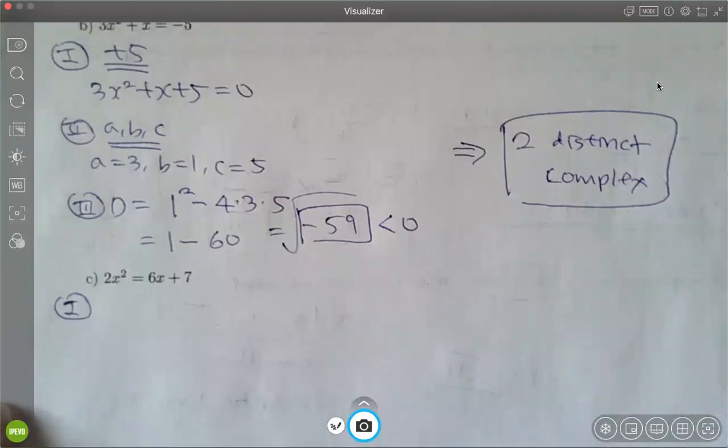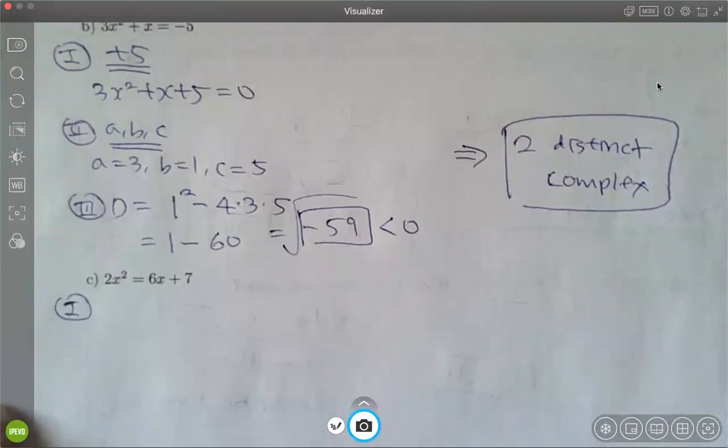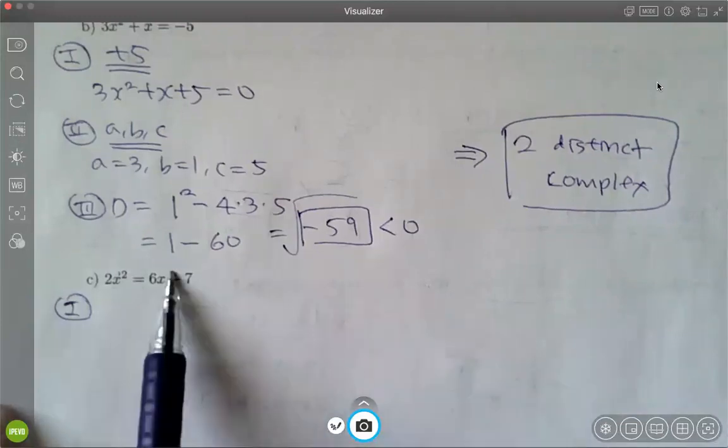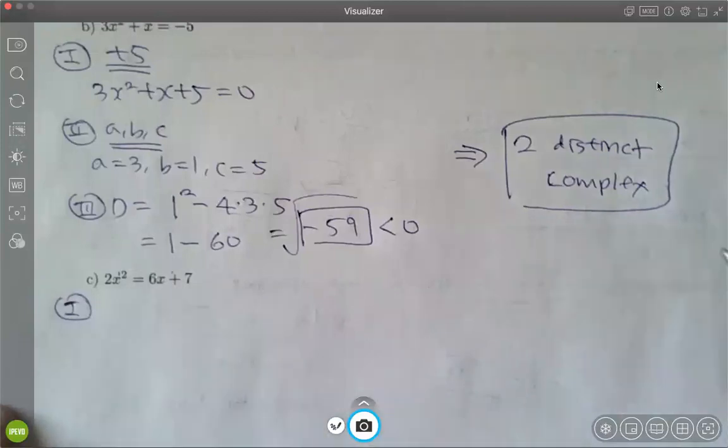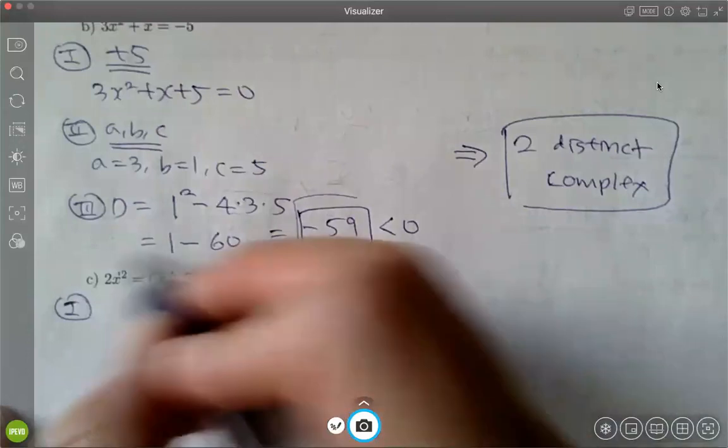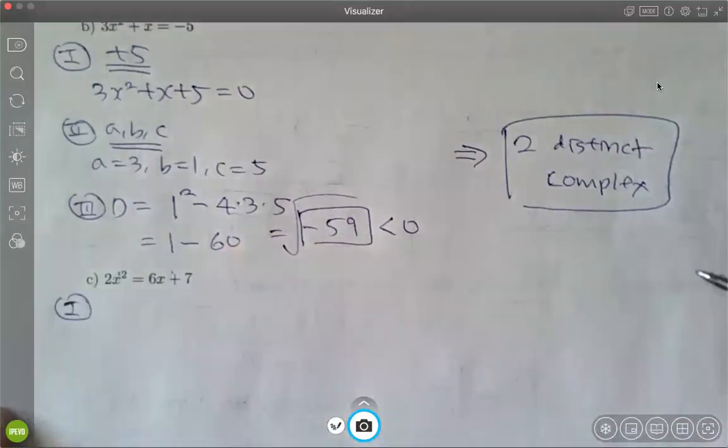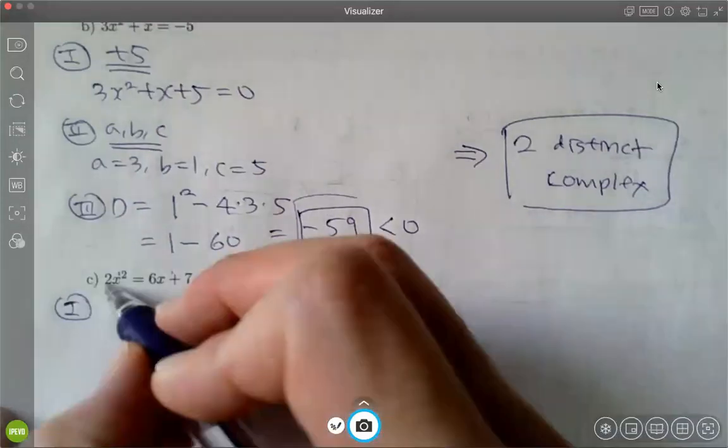Okay, again, here, we don't have 0 on one side. So we have two options. Move this thing to here or these two things to here. Now, what is better? Move 6x plus 7 to the left-hand side is better, right? Why? Because that number is already positive, okay?